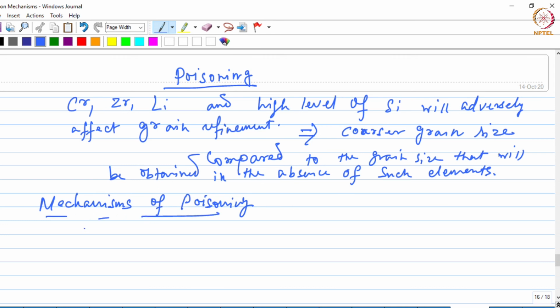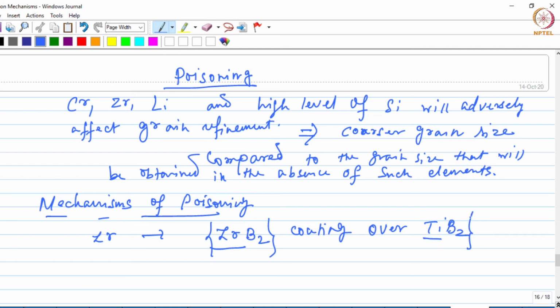For example, if we talk about zirconium, a ZrB2 coating, zirconium can form zirconium boride and it can coat over the TiB2 particles. So due to the presence of this ZrB2 layer, which is not a very good grain refiner, on TiB2 particles, the grain refinement ability of TiB2 will be lost.